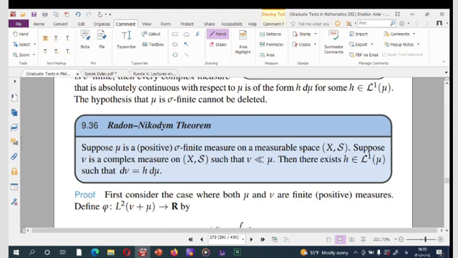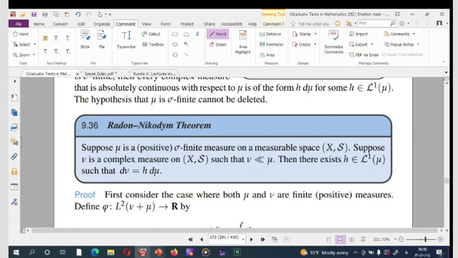Suppose mu is a positive sigma finite measure on a measurable space X and S, and suppose nu is a complex measure on X and S, such that nu is absolutely continuous with respect to mu. Then there exists an h in L1 such that nu equals h d mu.